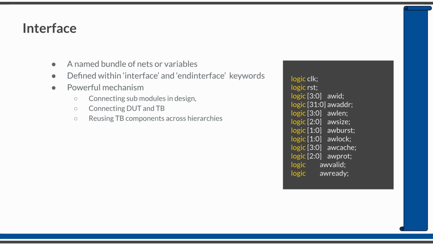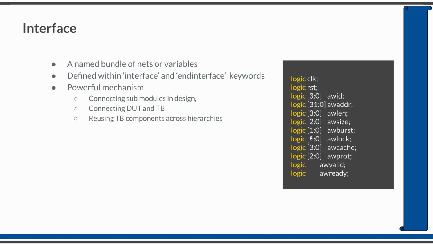So imagine you have a DUT which is dealing with the AXI protocol. These are the signals in a single AXI channel called the AXI write address channel. You can see that there are a lot of signals present here.